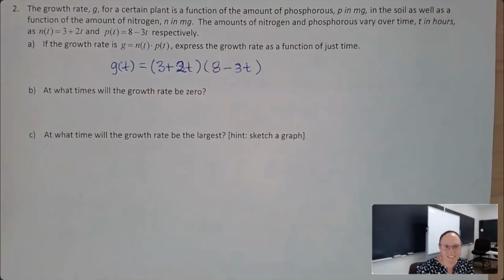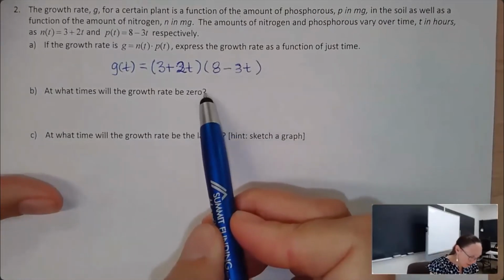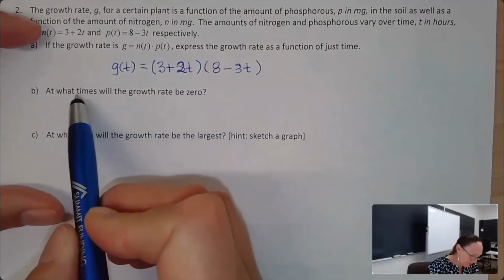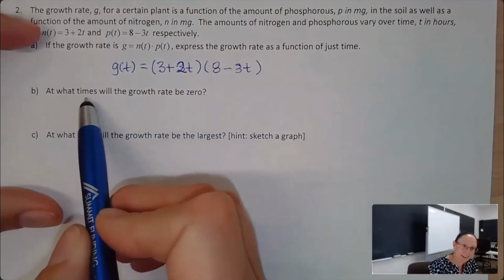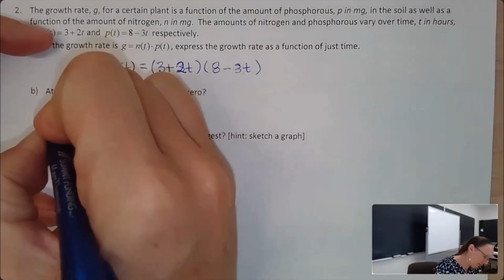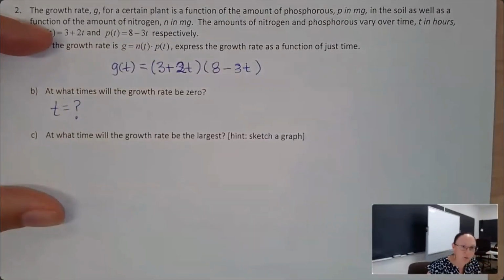Okay. At what times will the growth rate be 0? Question mark, working backwards, found the question word, what times? So I know we're looking for a value of time when the growth rate is 0.